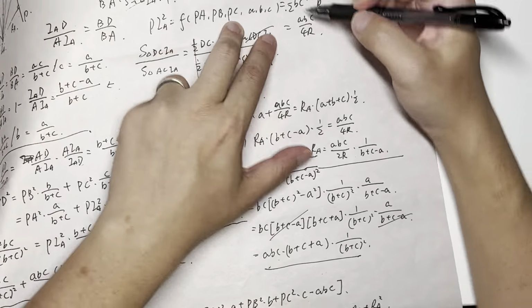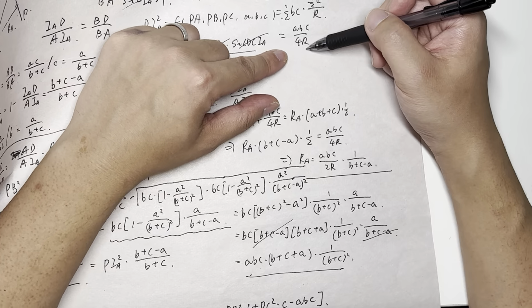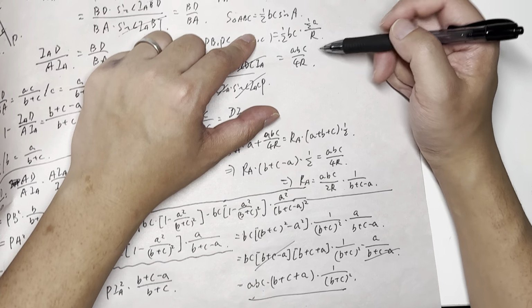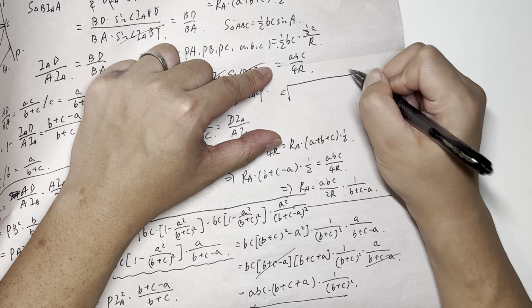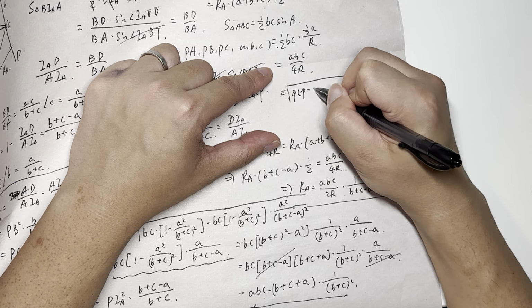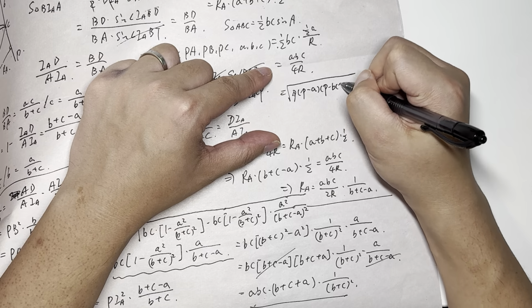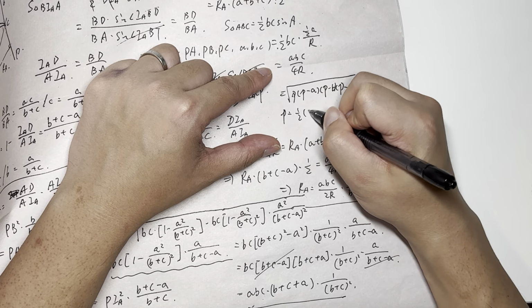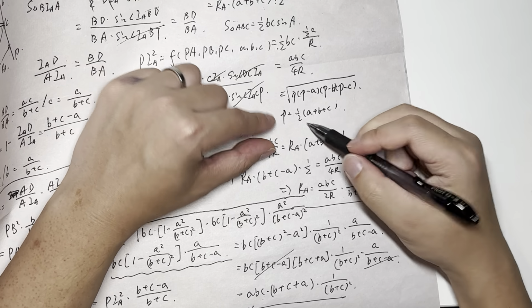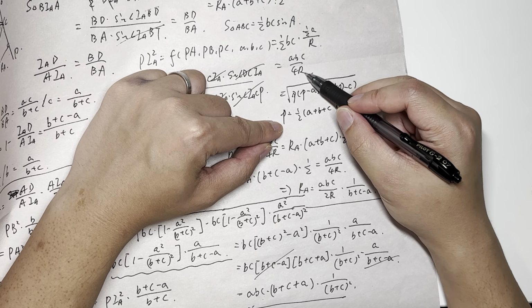So the area of ABC is abc over 4R, right? It also equals the square root of P minus A, P minus B, P minus C, right? P equals half of A plus B plus C, which means we can calculate for R, right?